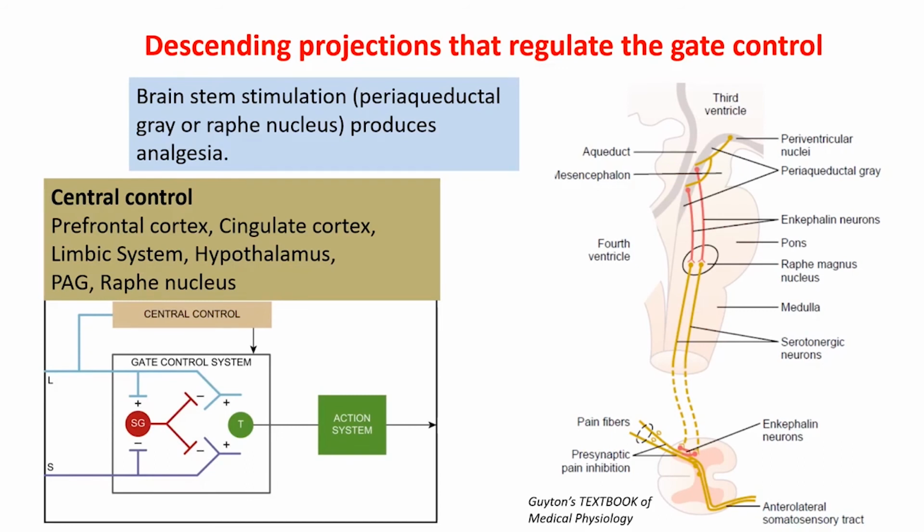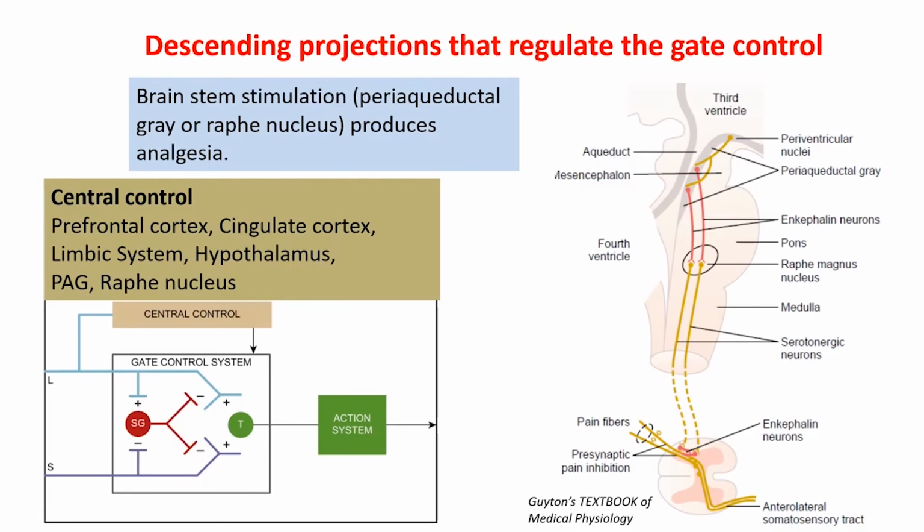Similarly, the raphe nucleus and locus coeruleus in the medulla send back feedback inhibition to the substantia gelatinosa cells as shown there. They activate the substantia gelatinosa cells to release the enkephalins, and that will prevent the further pain transmission.